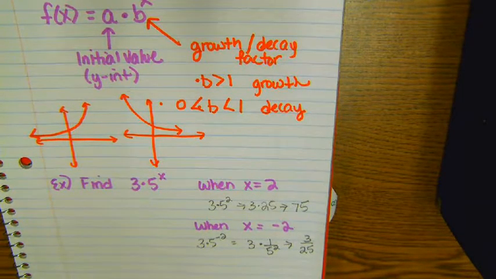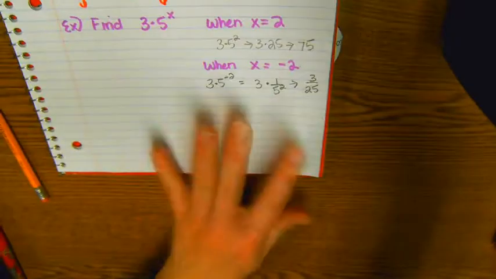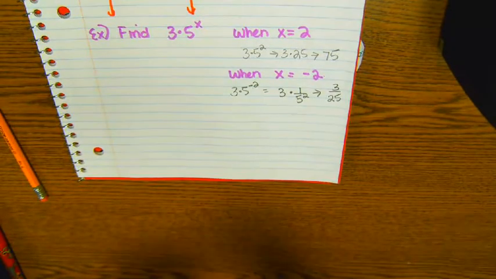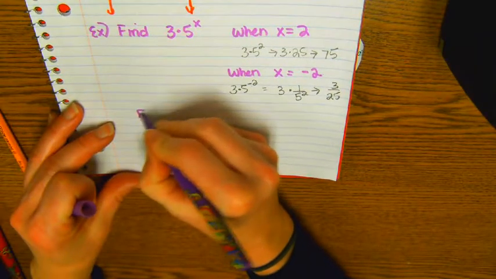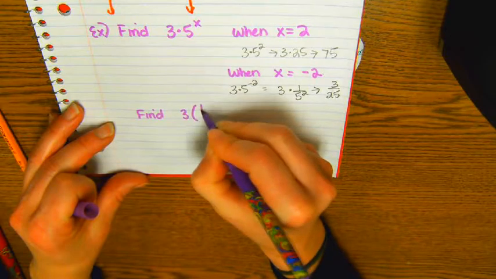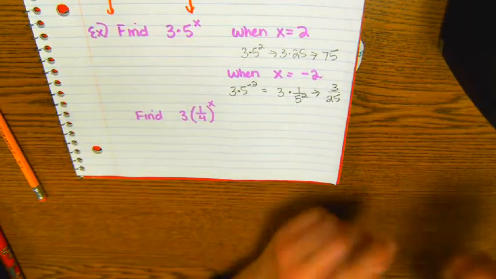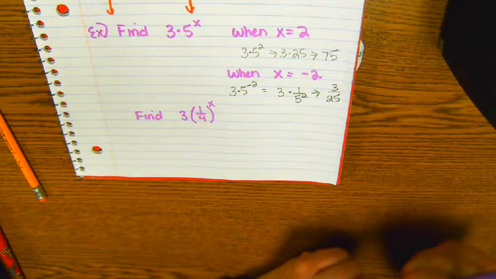Let's try one that's a little different, similar to our opener. How about we find 3 times (1/4) to the x. So now this is decay if I were to graph it.